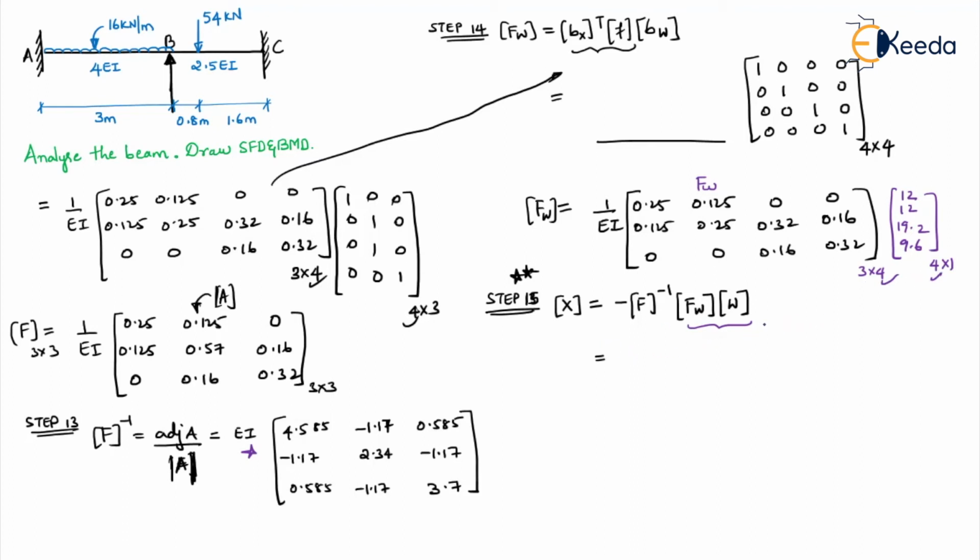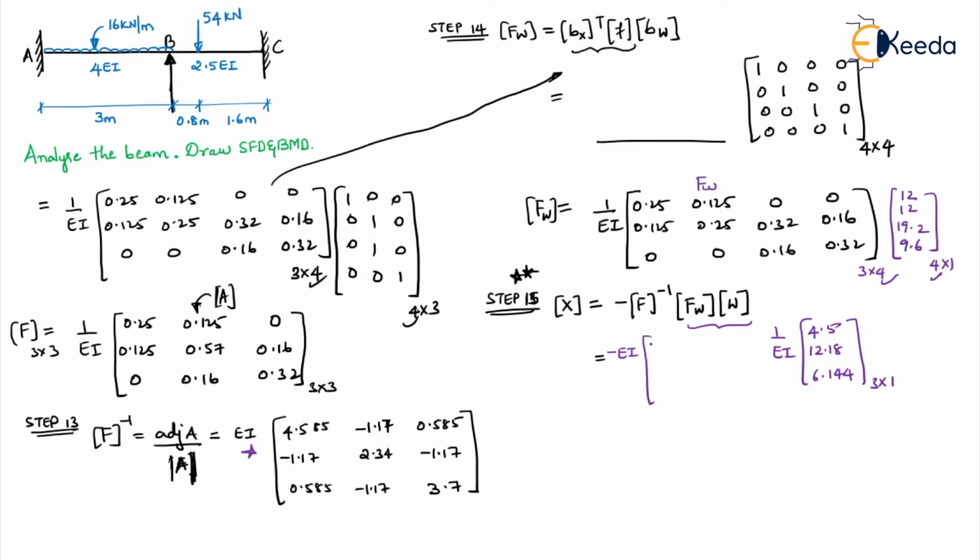So what is that? We'll get 1 by EI into 4.5, 12.18, 6.144. So this is the 3 into 1 matrix multiplied by your minus F inverse.